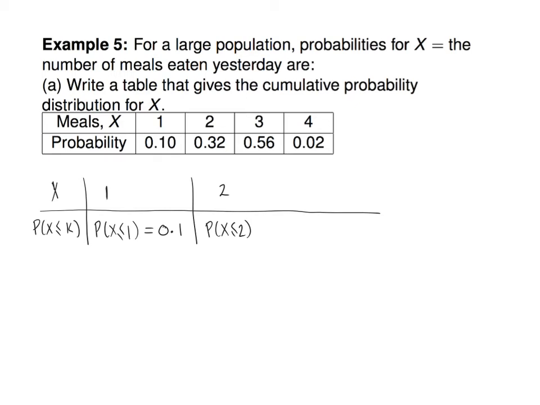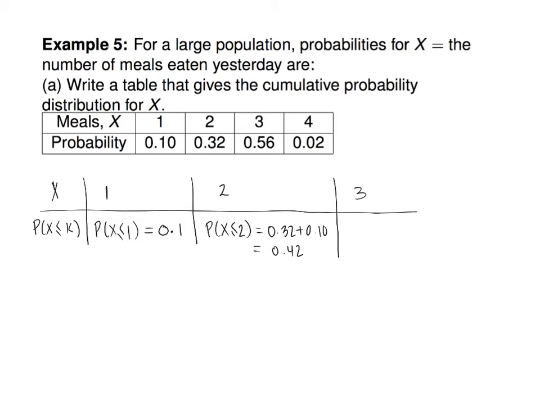Well, if you eat less than or equal to 2 meals, you either eat 2 meals or you eat 1 meal. So this is 0.32 plus 0.10, or 0.42. And notice how this probability just accumulated the one before it.